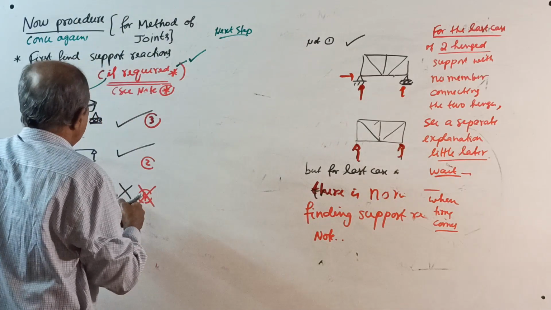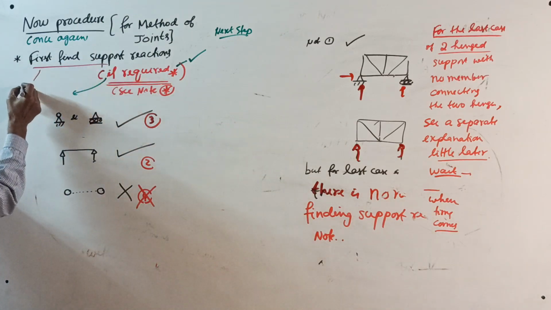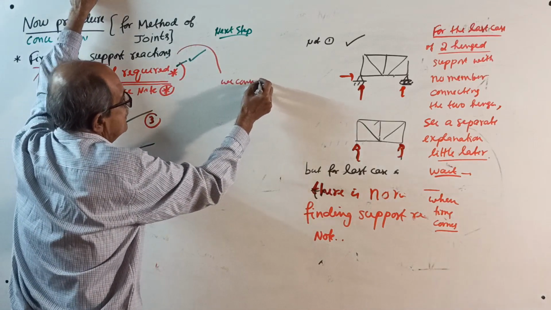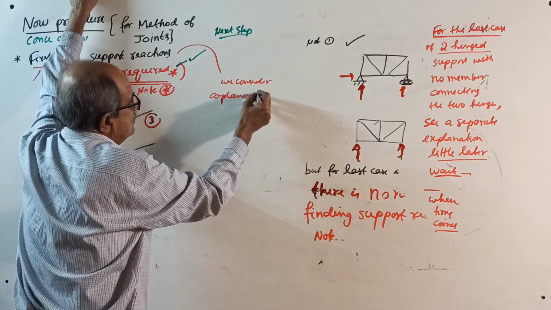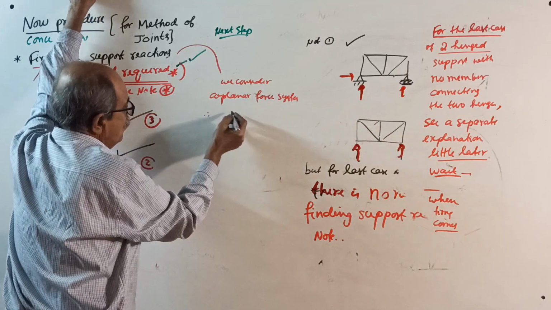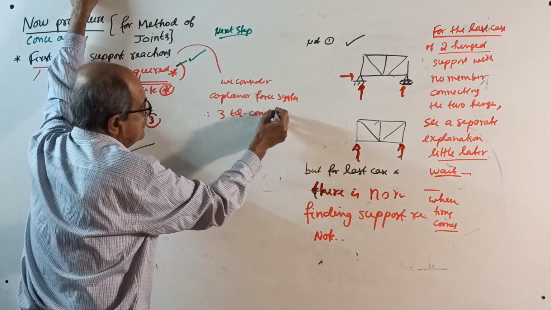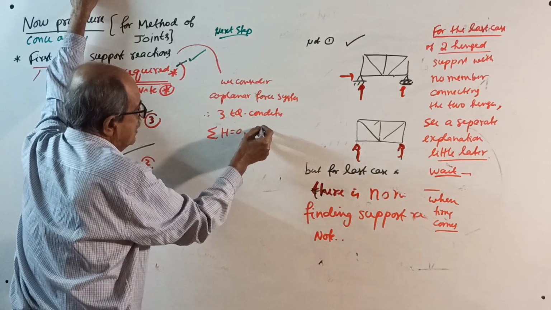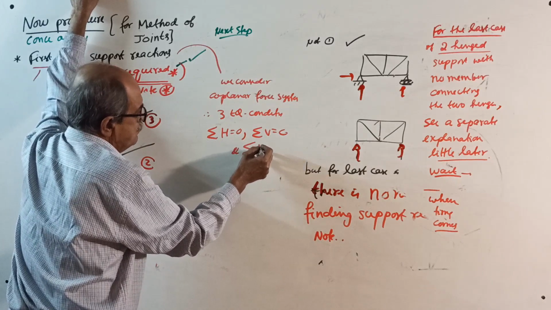One important note here: for finding support reactions, we consider a coplanar force system. It is not a concurrent force system. Therefore, three equilibrium conditions, namely sigma H equals 0, sigma V equals 0 and also sigma M equals 0.